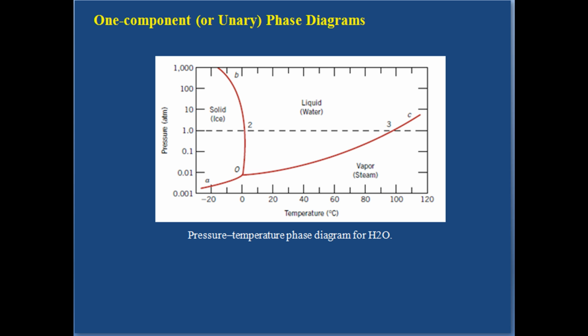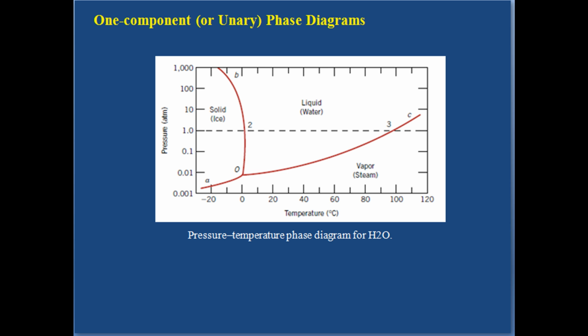Pressure temperature phase diagrams for a number of substances have been determined experimentally, which also have solid, liquid, and vapor phase regions. In those instances when multiple solid phases, that is, allotropes, exist, there appears a region on the diagram for each solid phase and also other triple points. This is the information about one component or unary phase diagram.